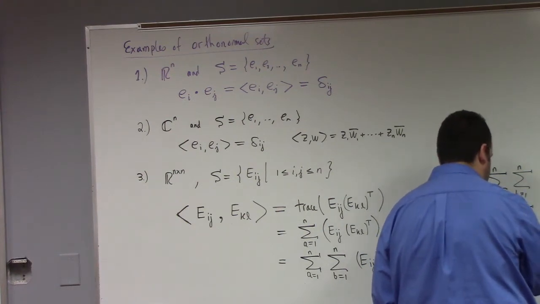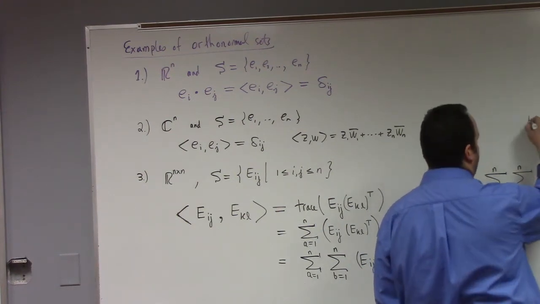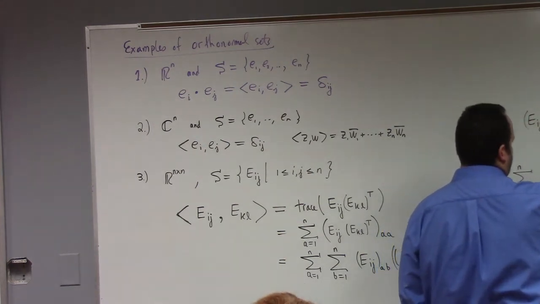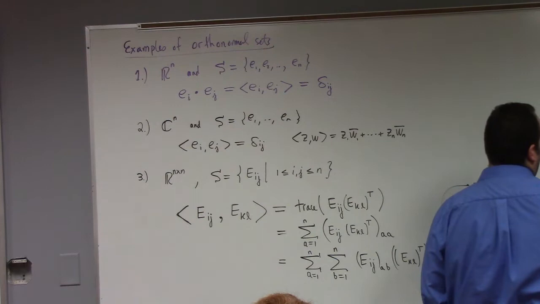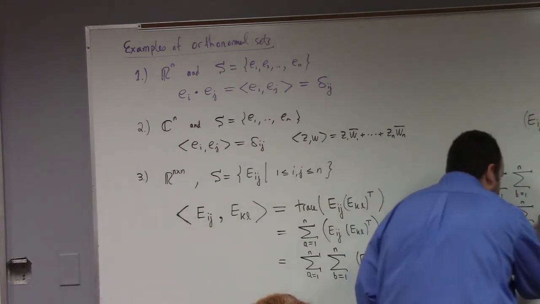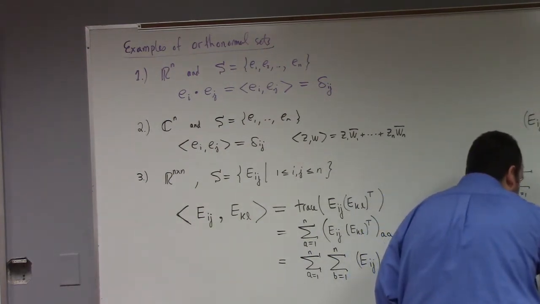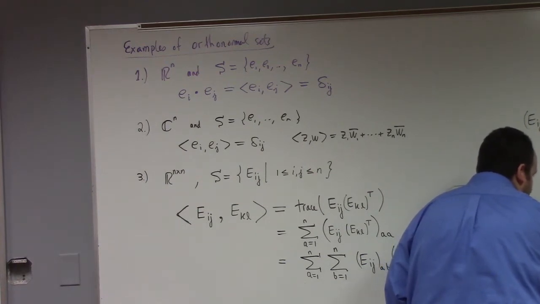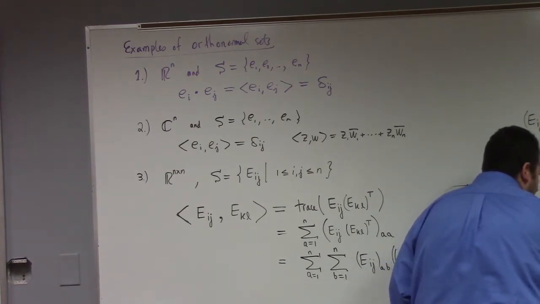What was the definition? Remember? E_ij, AB would be Kronecker delta IA, Kronecker delta JB. So I get Kronecker delta IA, Kronecker delta JB, Kronecker delta KA, Kronecker delta LB.